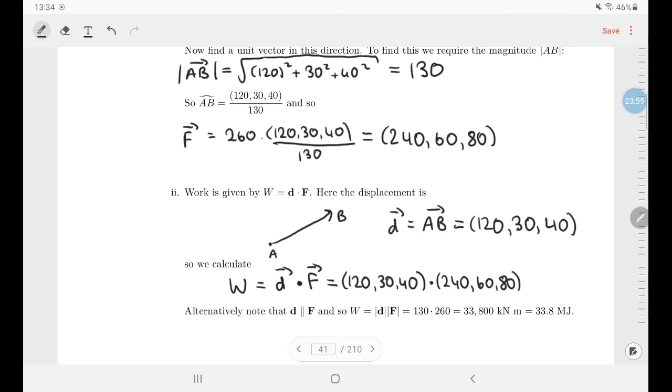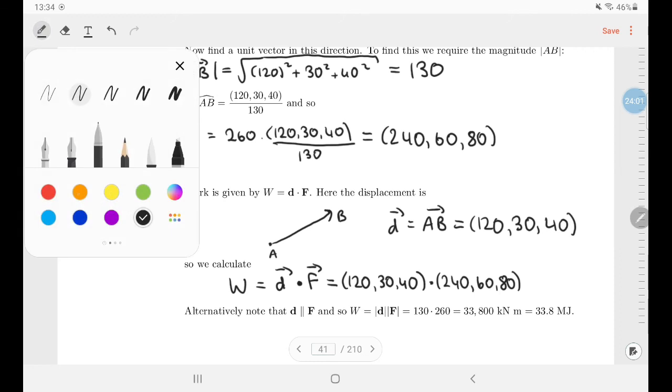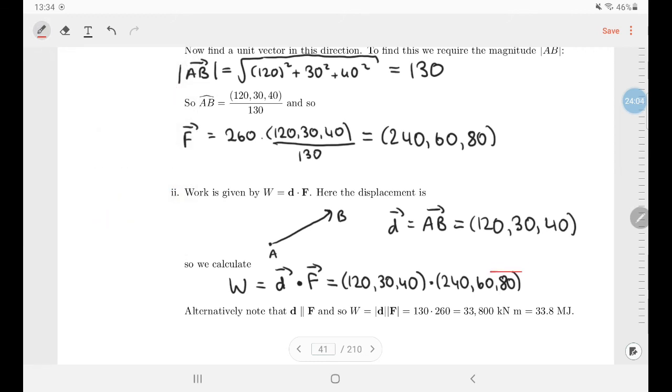This is equal to 120 by 240, plus 30 by 60, plus 40 by 80. If you bang all those numbers into the calculator, you get 33,800. Be careful here.